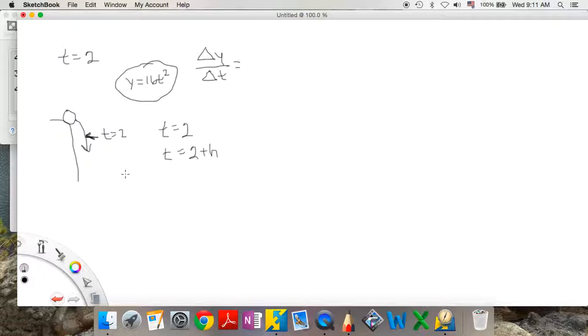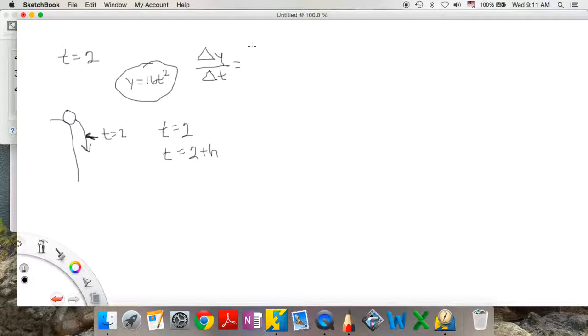Because if we have t equals 2 for both the start and the finish, then we end up with 0, which will mess us all up. So what we're going to do is calculate this average in this very small amount of time.